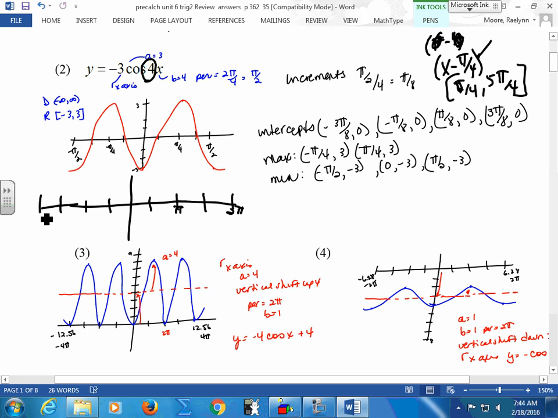If you need to fit 4 of them in 2 pi, you already have 4 tick marks. What's your period? What's 360 divided by 4? 90. 2 pi divided by 4. Pi over 2. Every 90, you're going to give me 1. And how many quadrants do you have to go through? 4.